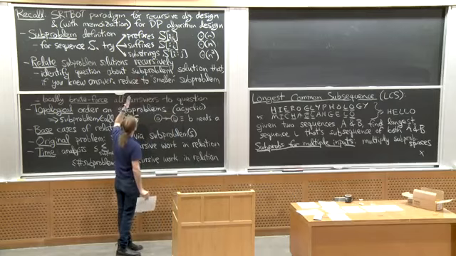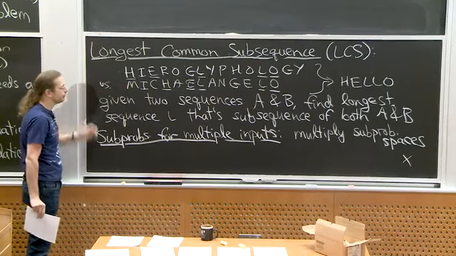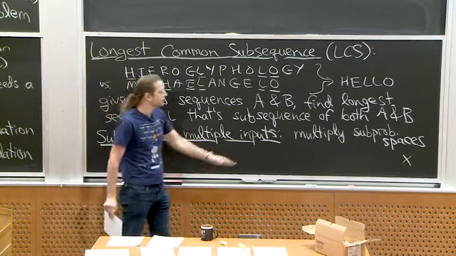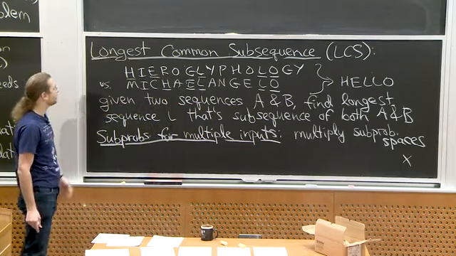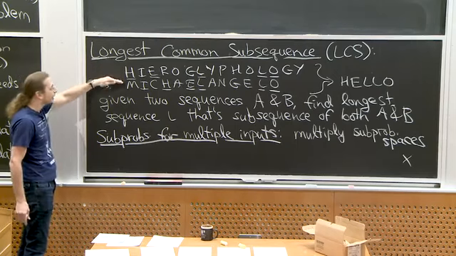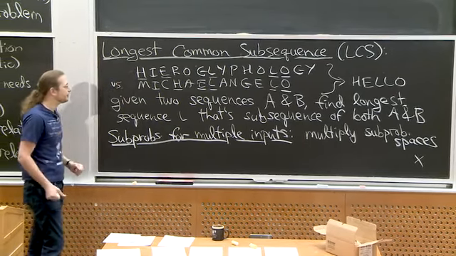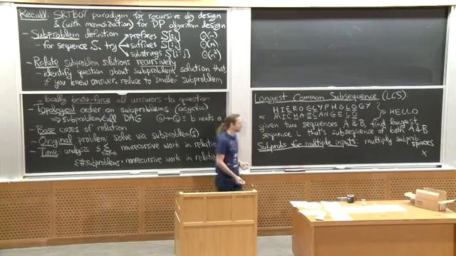I will choose suffixes for A and suffixes for B. You could do some other combination, but that will be enough here. Then I want to multiply these spaces, meaning the number of subproblems is going to be the number of suffixes of A times the number of suffixes of B. In other words, every subproblem in LCS is going to be a pair of suffixes.